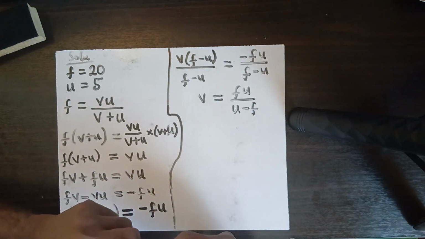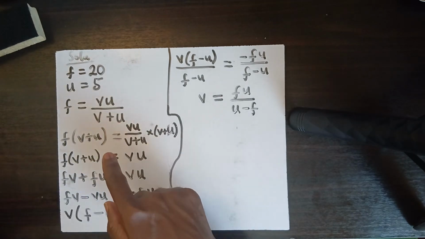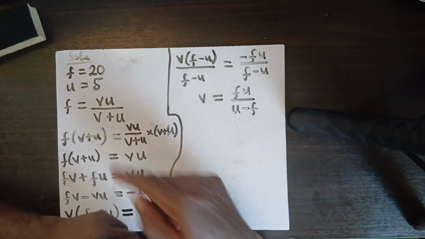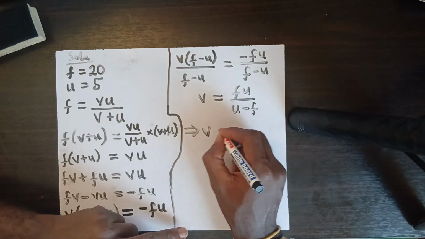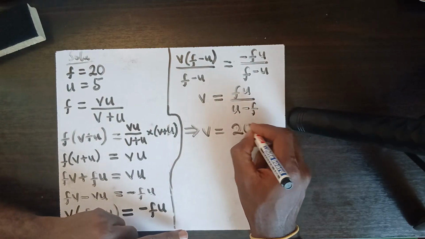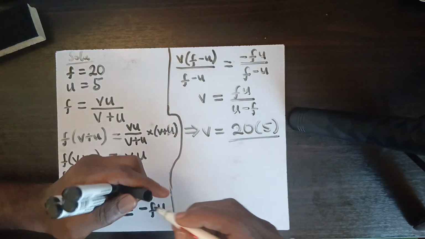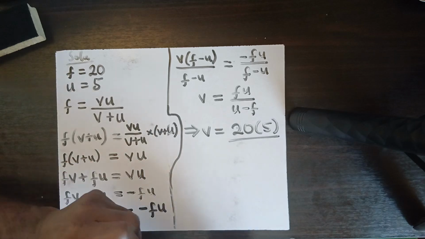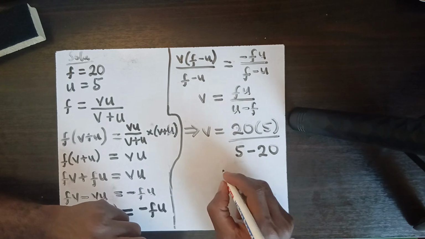So now I can do my substitution. Wherever I see F, I'll put 20 there. Wherever I see U, I'll put 5 there. So it implies that our V equals 20 times 5 divided by 5 minus 20.